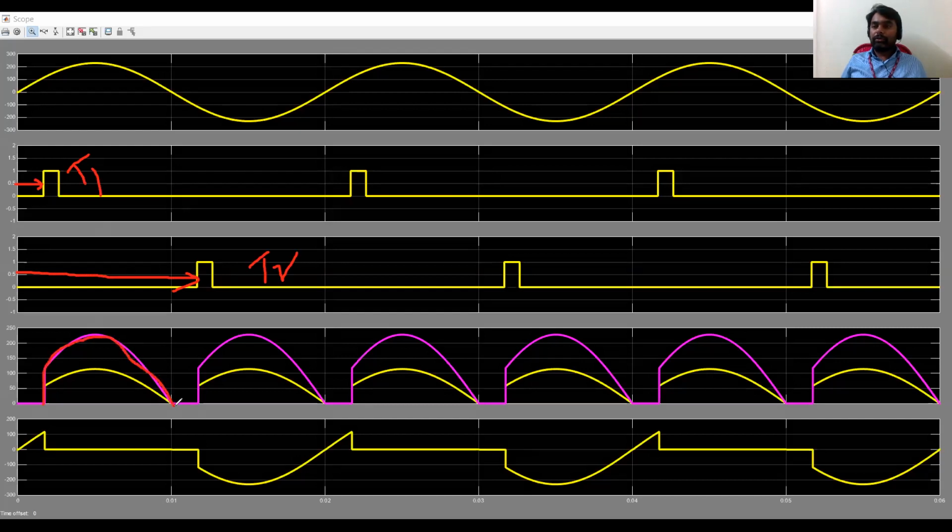The output voltage follows the input voltage waveform, and the current response we can see is in phase with the output voltage waveform. Similarly, if I trigger T2 at pi plus alpha, it will conduct from this point onward. The output voltage follows the input voltage, and the current is in phase with the output voltage.